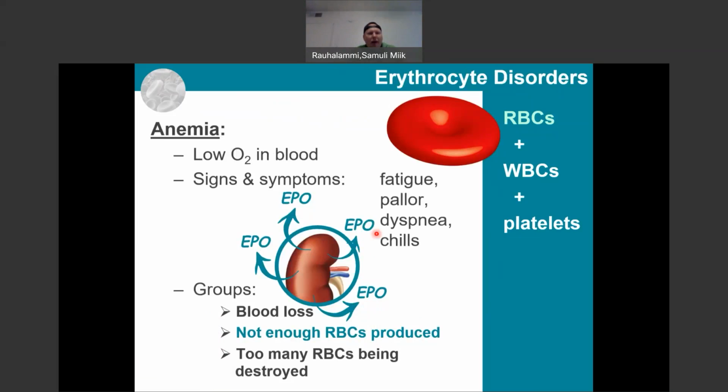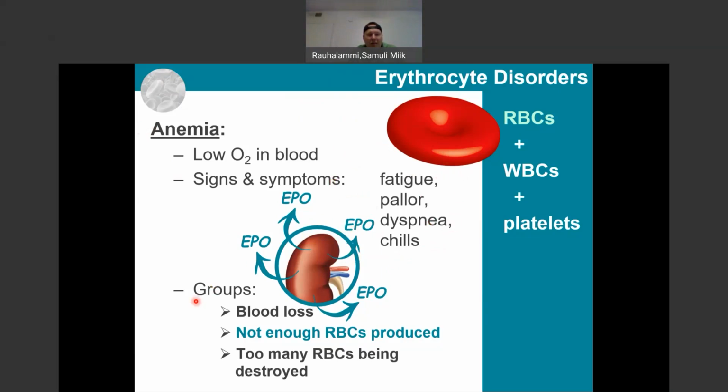But I wanted to talk about this condition, and this is a blanket term, disorder called anemia, which really refers to when we have too little oxygen available. And you get all these signs and symptoms that align with what would happen if you're not getting enough oxygen to the tissues. So tiredness, pale, cold, things like that.